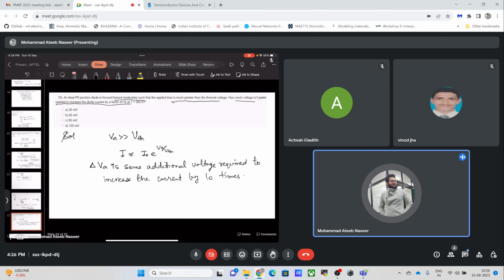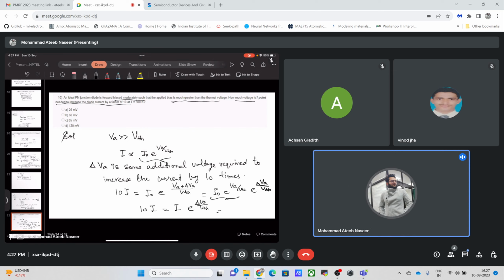So the current now is 10 times I, and it is equal to I naught exponential of VA plus delta VA by VTH. So it is equal to I naught exponential of VA by VTH into exponential of delta VA by VTH. But I naught times exponential of VA by VTH is simply I, so 10 times I is equal to I exponential of delta VA by VTH.